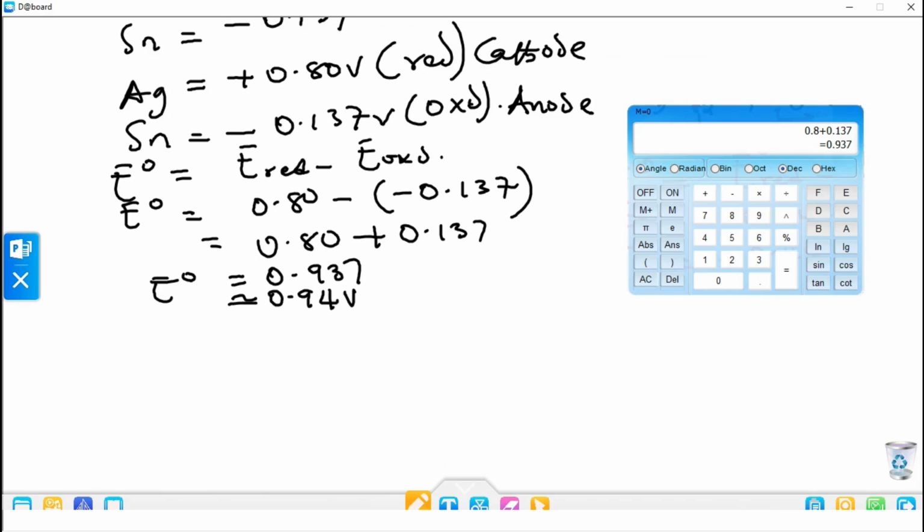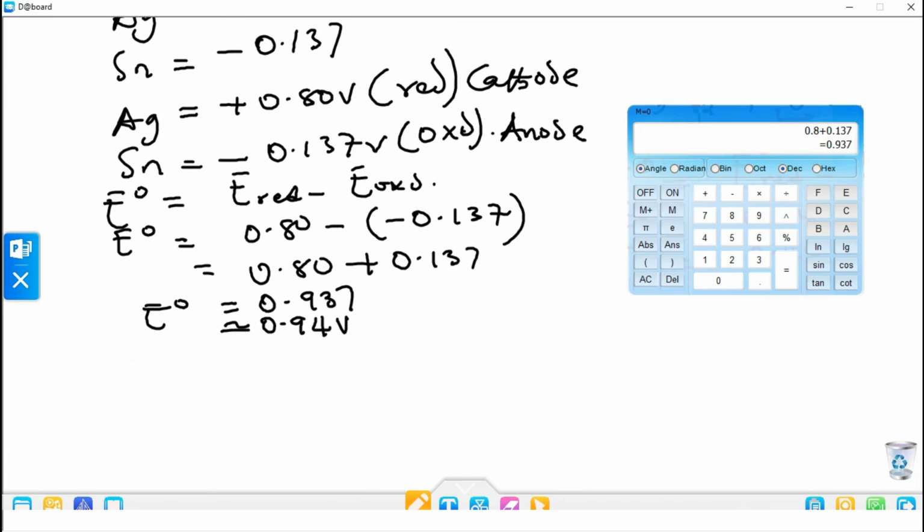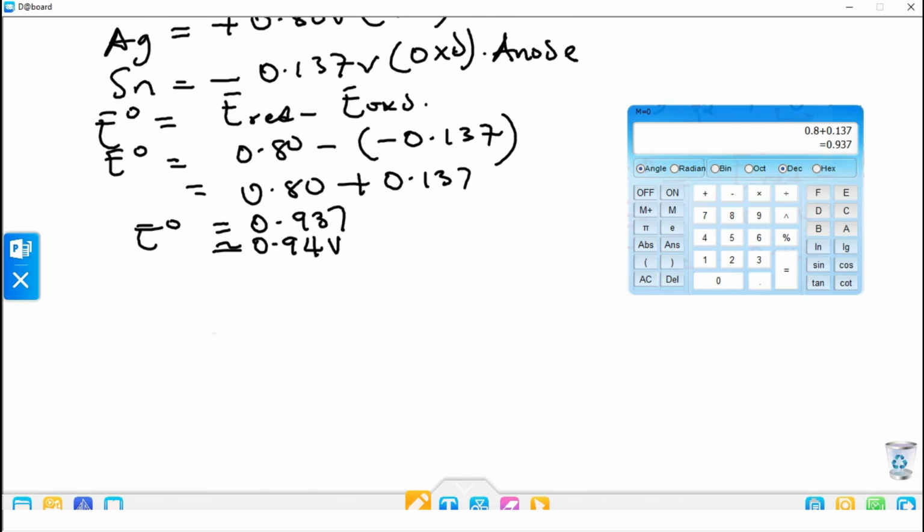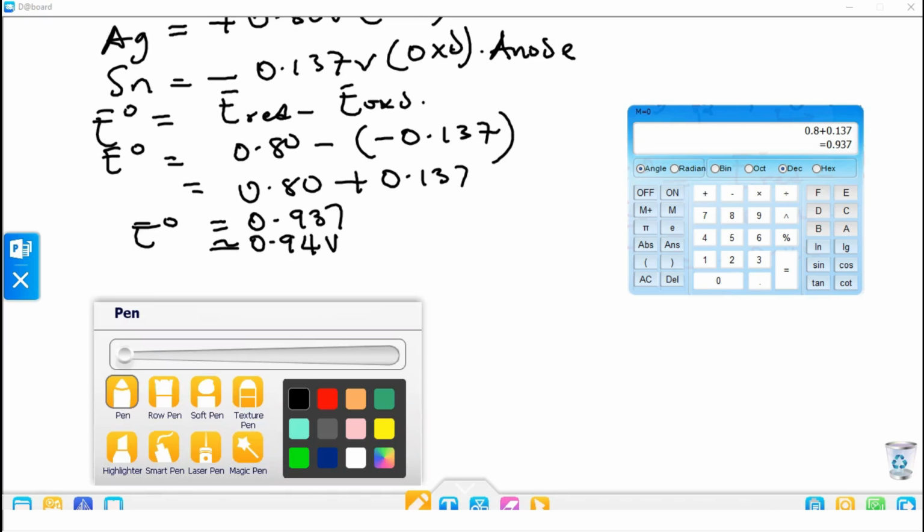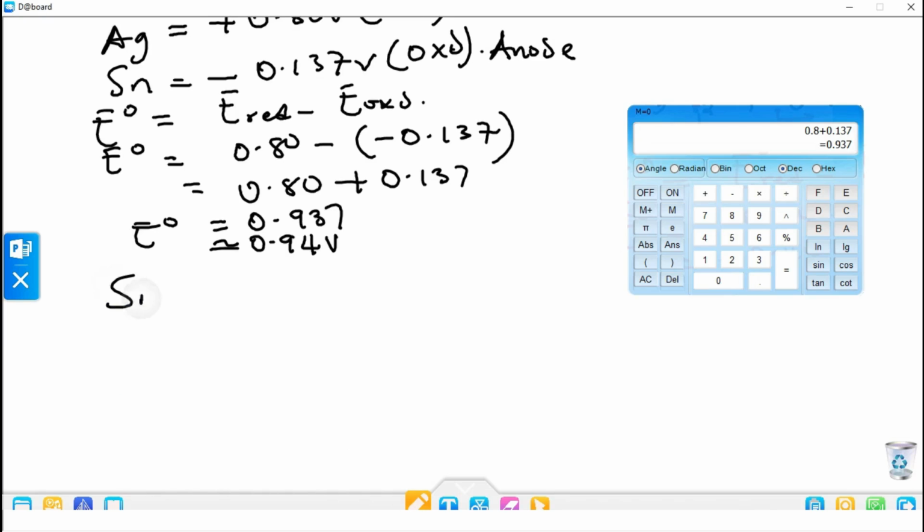Since tin is oxidation, we have to write tin this way. Tin goes from 0 to Sn2+, the salt bridge, and then silver will be Ag+.